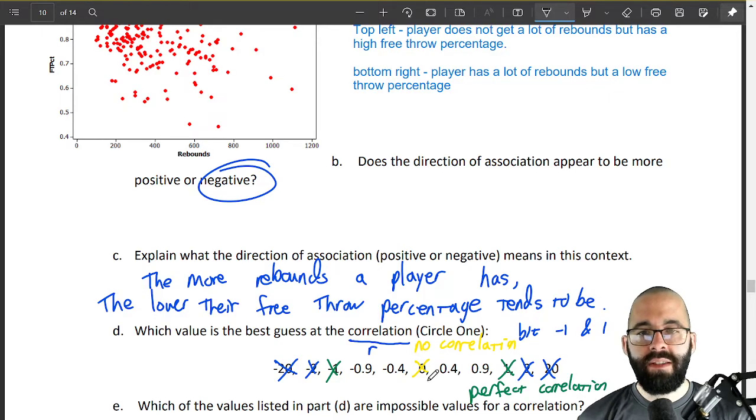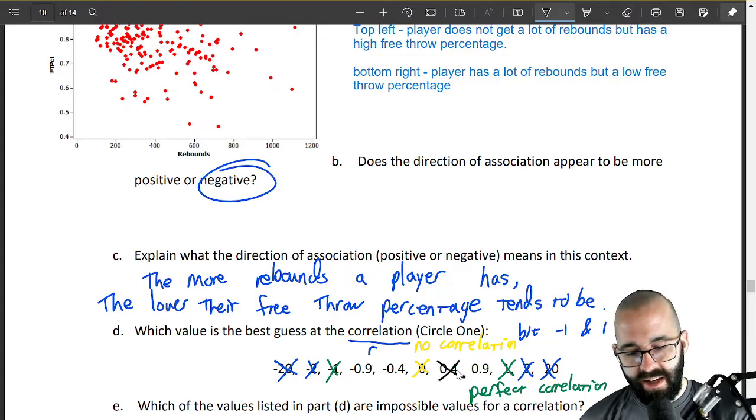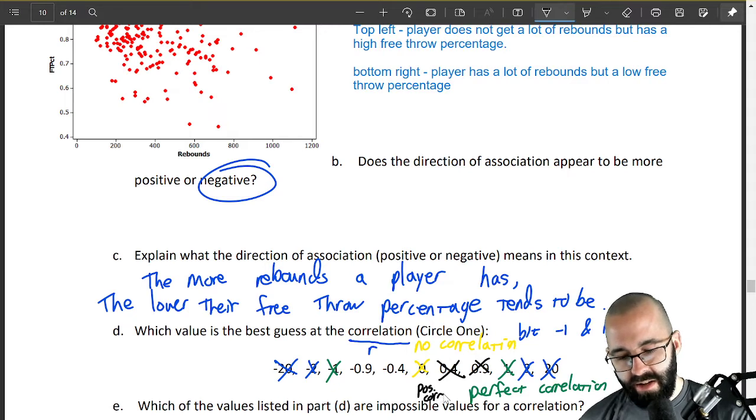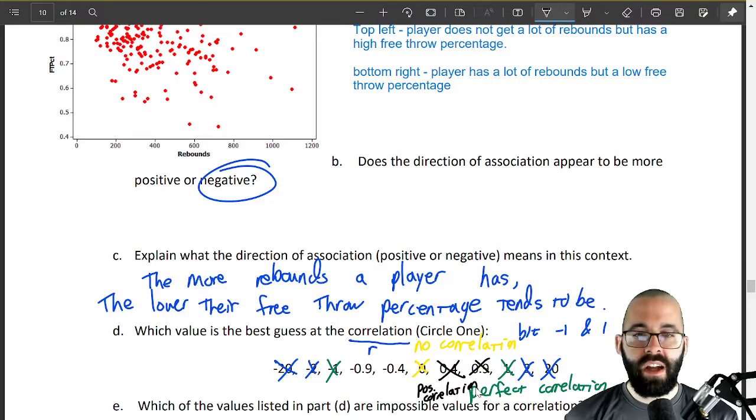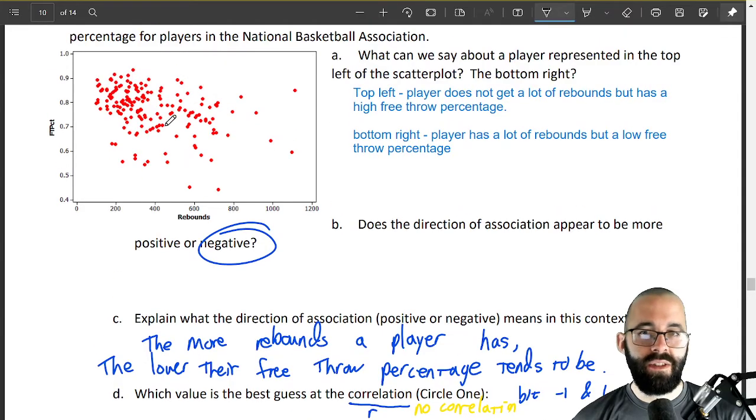Is our correlation positive or negative? We said it's negative. Well, if correlation's negative, these would be positive correlation. We don't have that. There's only 2 options left. Strong or weak. Well, these data points are very spread out.